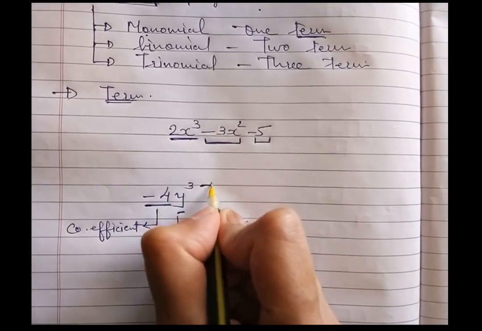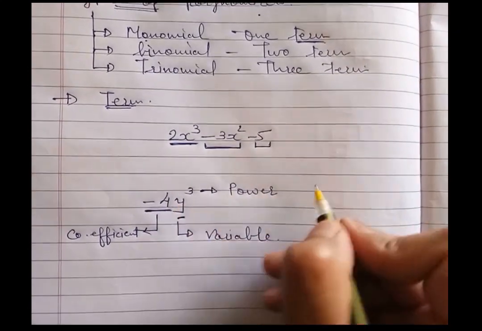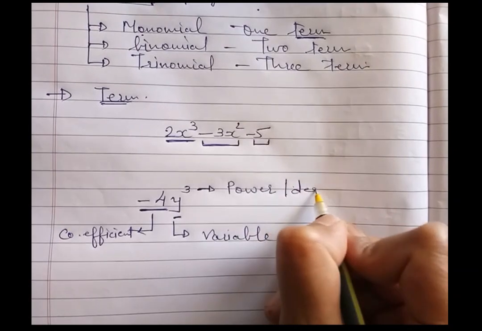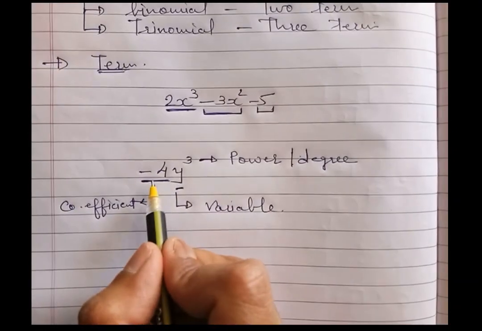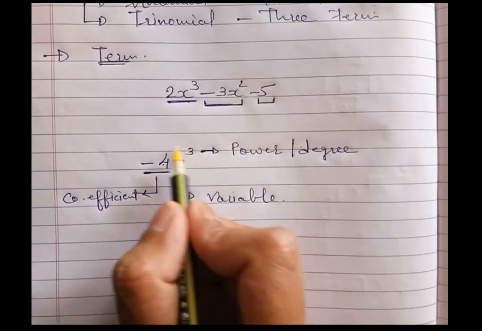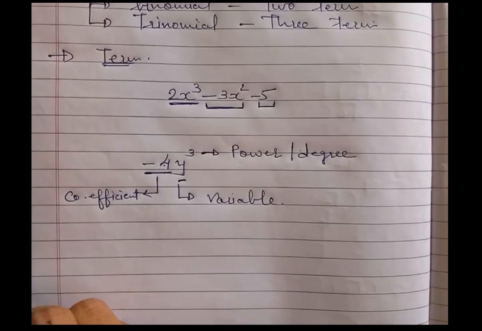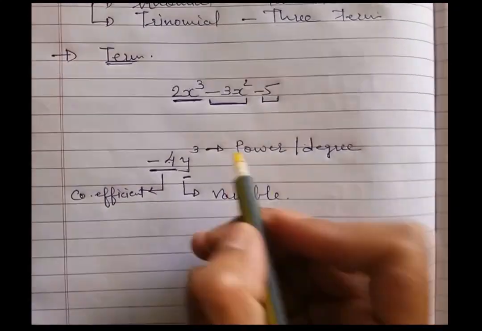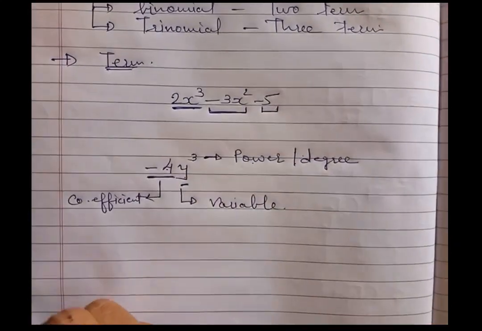And this 3 is known as the power of the term, or else you can use the word degree, right? For minus 4y cube, this entire thing is one term. Now in this term, what is the power or degree? 3 is the power or degree of the term.